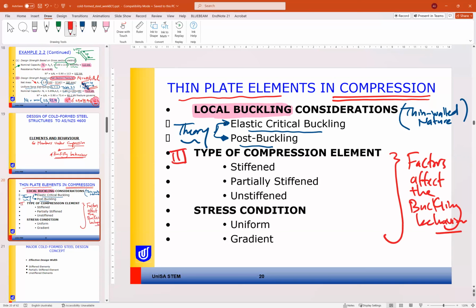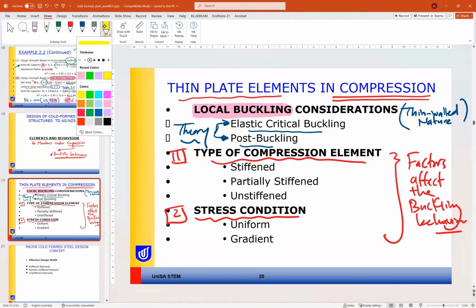First is the type of compression element. Second is the stress condition. If you remember last week, we have cases of plate under uniform stresses and gradient stresses, and the member also can be stiffened or partially stiffened or unstiffened.